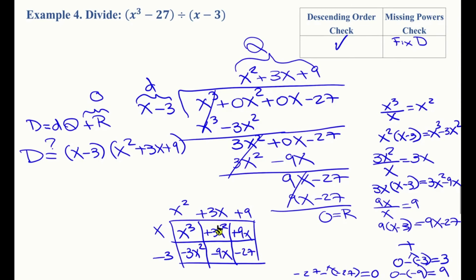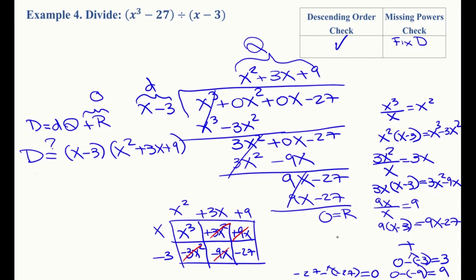Now, if you notice, these two are like terms, and when you combine them, they cancel out. So those are gone. And the same with, let me use a different color, these cancel out. Notice that these two, 9x and negative 9x, are also like terms. They can be combined and they cancel out, again leaving 0. So all you're left with is x cubed minus 27.